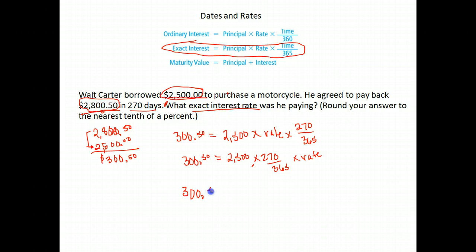With that, we get $300.50 is equal to 1,849.315 times the rate. To calculate that number, I did 2,500 times 270 and then divided by 365. Now I want to solve for the rate. To solve, I'm going to divide both sides by 1,849.315.